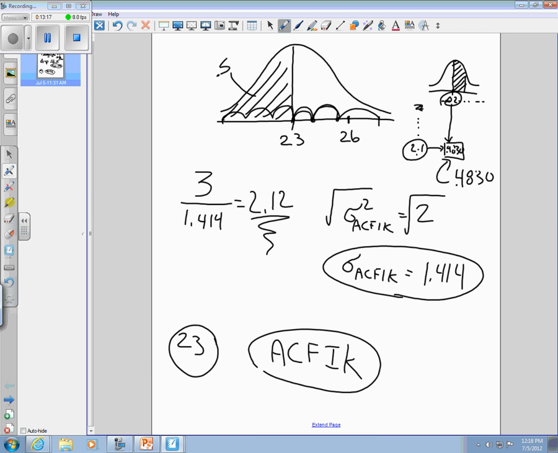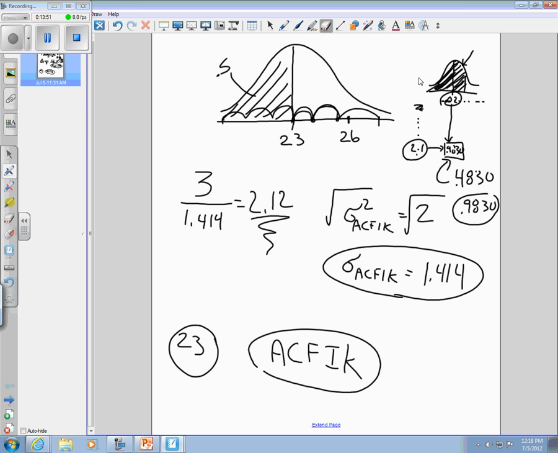Okay, what does that mean? Well, that means this shaded area right here is 0.4830. Now, if we look at this entire area, I shade the left-hand side over here as well, and now we consider that total area, that would be 0.98. A little more than 98% of the total area under the curve.